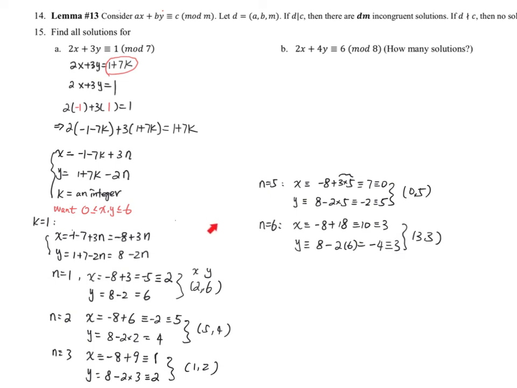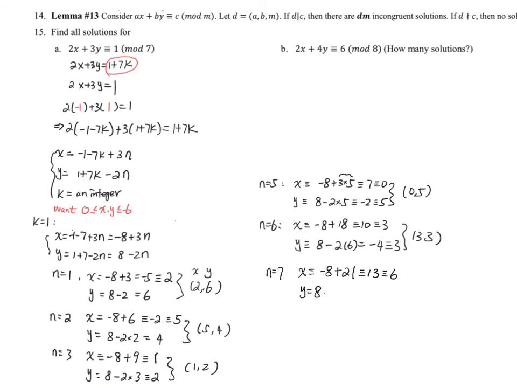Now we have 1, 2, 3, 4, 5, 6. So we are expecting 7 different solutions. Therefore, you want to go one more. When n is 7, x is congruent to negative 8 plus 3 times 7, which is 21. And this is congruent to 13. 13 is congruent to 6 mod 7.